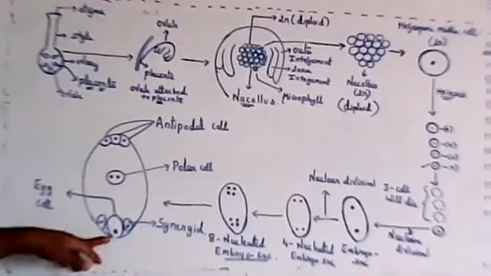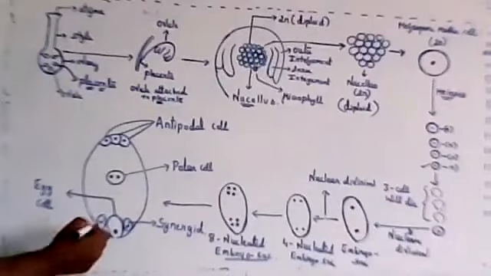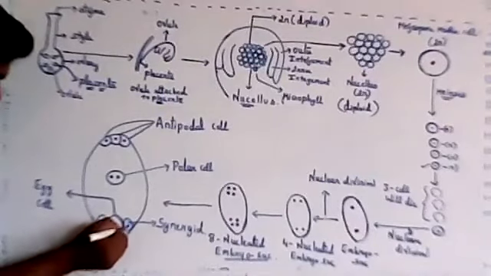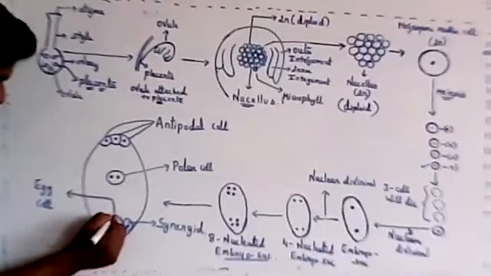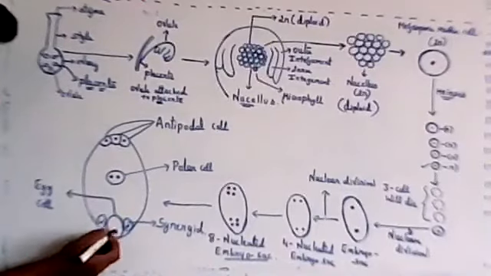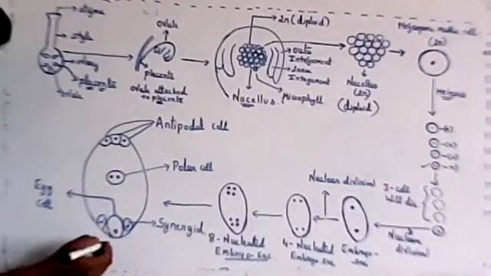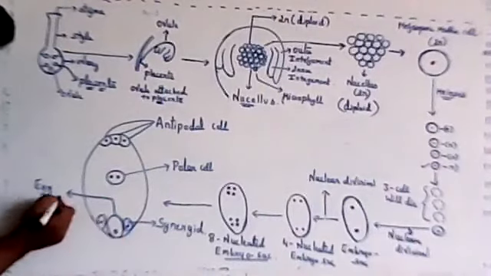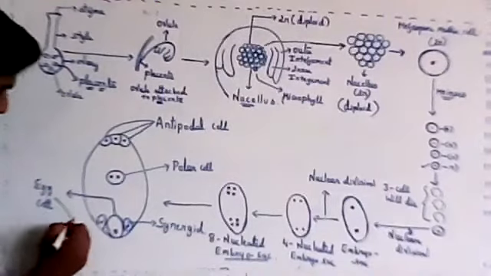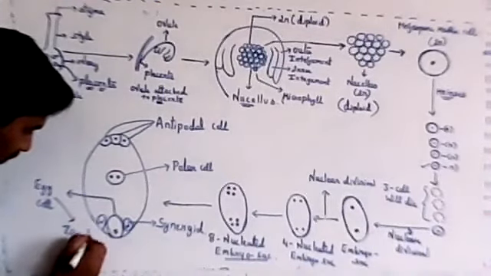After fertilization, the egg will convert into the zygote. The synergids will die after fertilization. So fertilization has not yet taken place here. After fertilization, the egg will get converted into zygote.